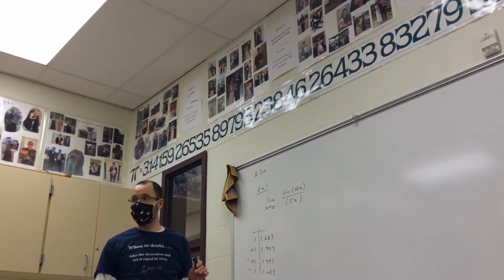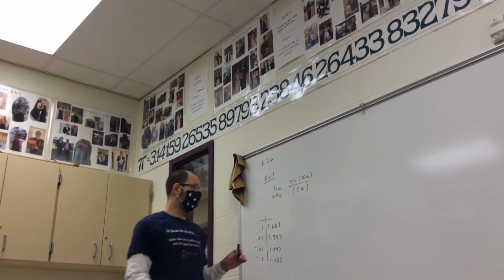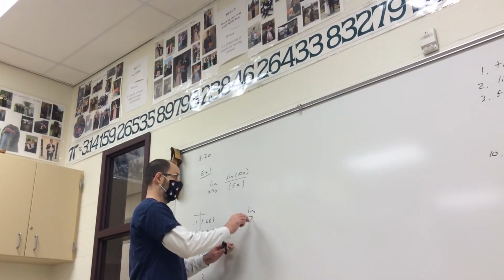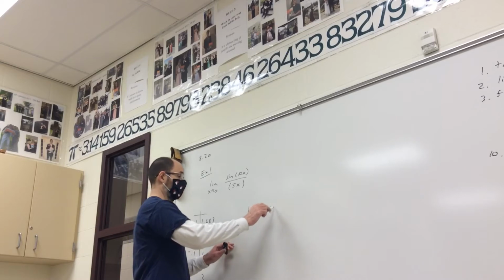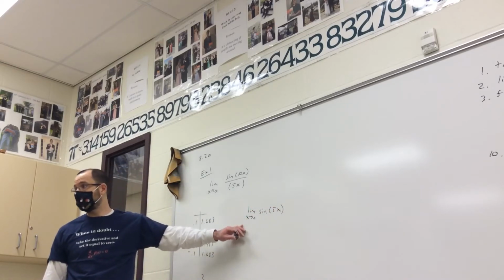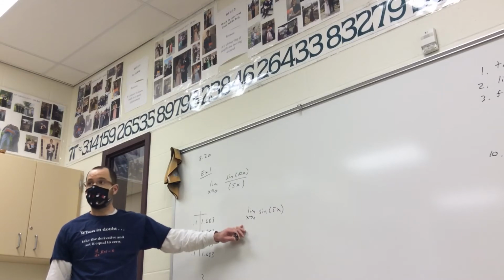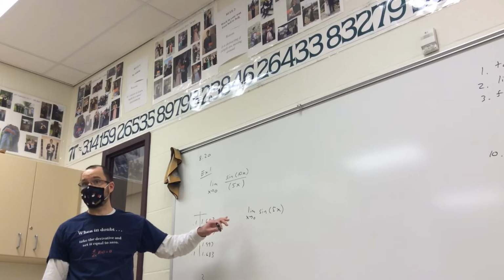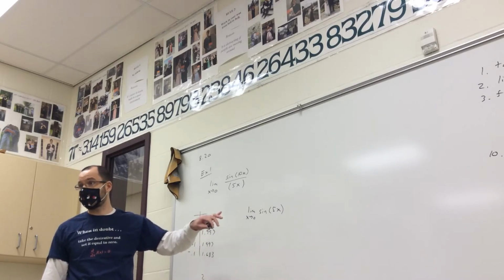All right, so what you do is you take the limit of the top by itself. And sine of x is a continuous function. So that means that the limit can go past that.